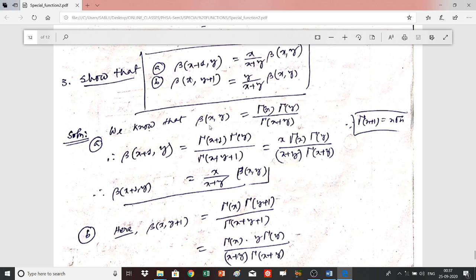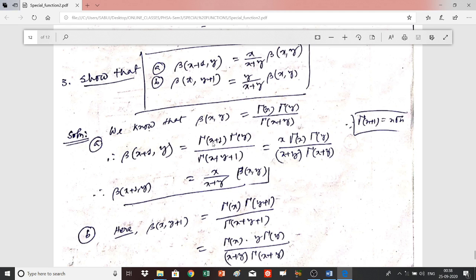And then if you replace x by x plus 1 in this relation, that will give you beta x plus 1, y is equal to gamma x plus 1 gamma y by gamma x plus y plus 1. From the above relation, you know the identity gamma n plus 1 is equal to n gamma n. So here n is x.